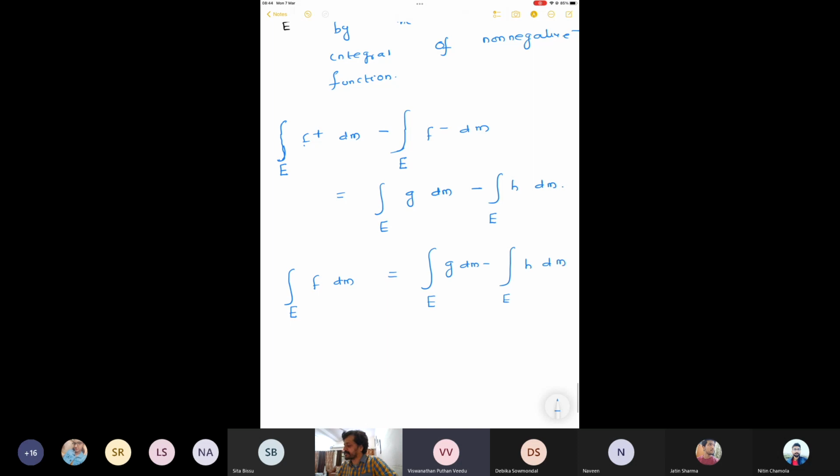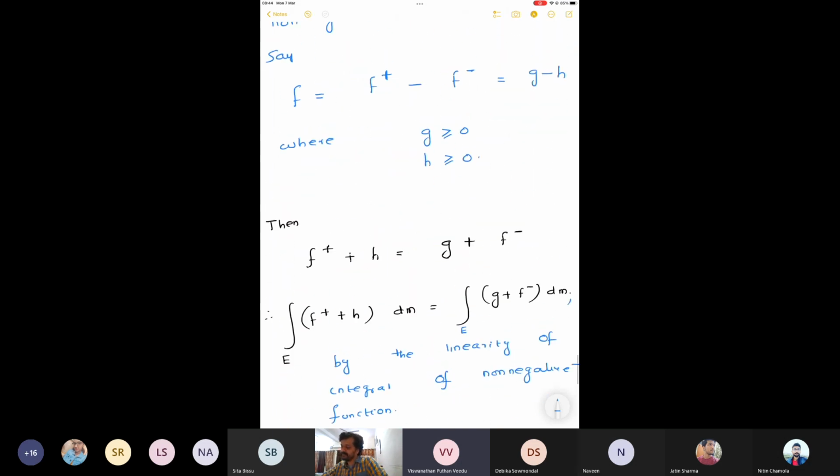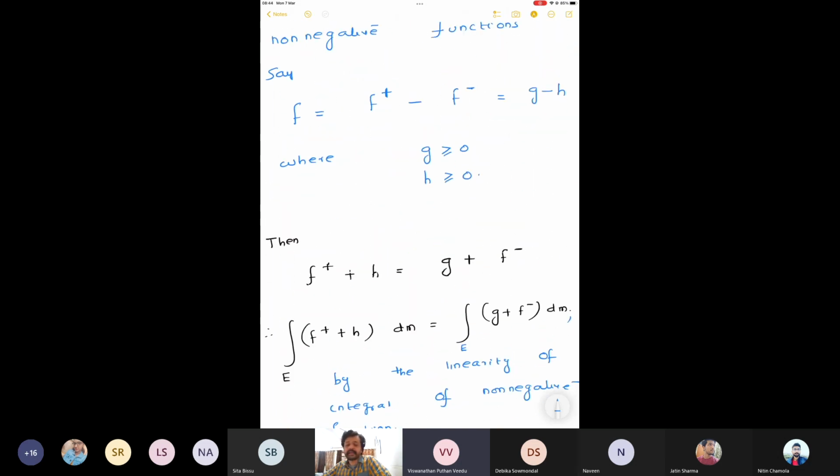What was g minus h? A decomposition of f into two non-negative functions. So to define the integral over E of f dm, you could very well employ g minus h as well. Do you get my point?